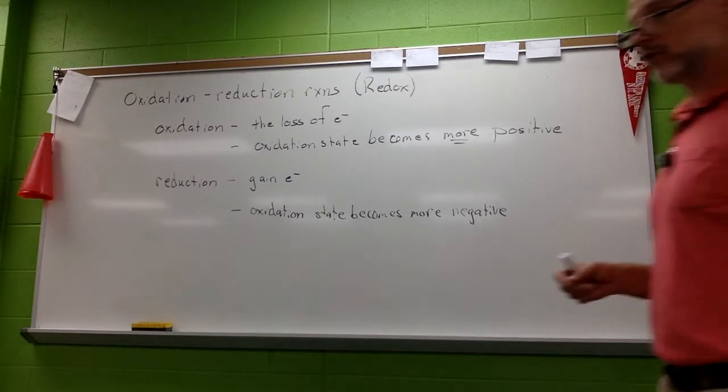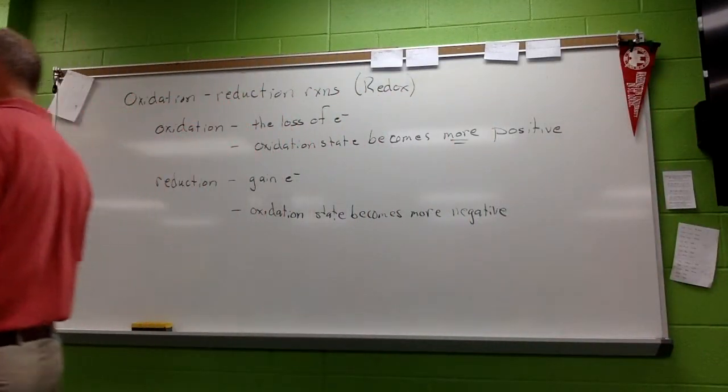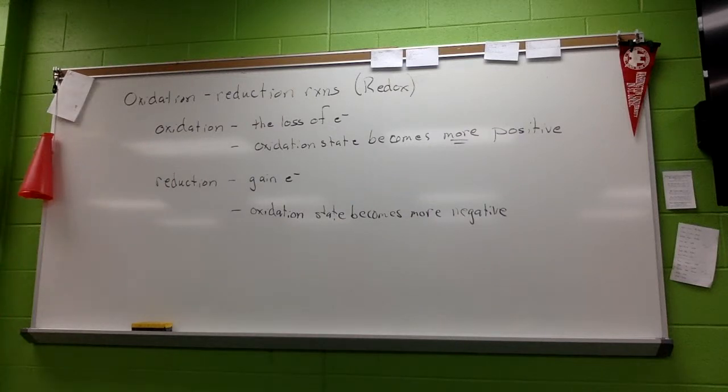Oxygen's always -2 unless it's a peroxide. With what other elements does oxygen act as a peroxide? Group 1A and Group 2A. That's the only time oxygen can behave as a peroxide.